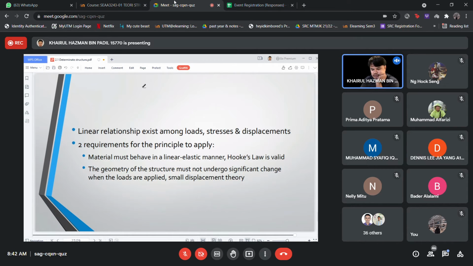If the value of external forces is small, you can use the principle of superposition. But normally we don't have such a big load in our examination, so there's no problem with that.